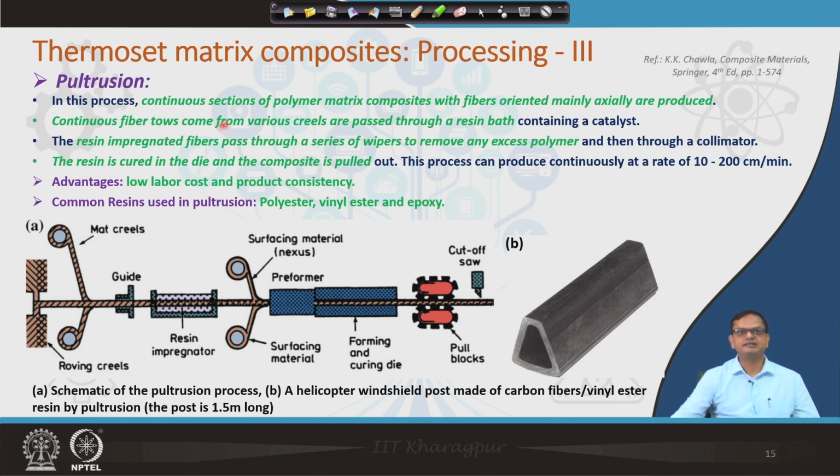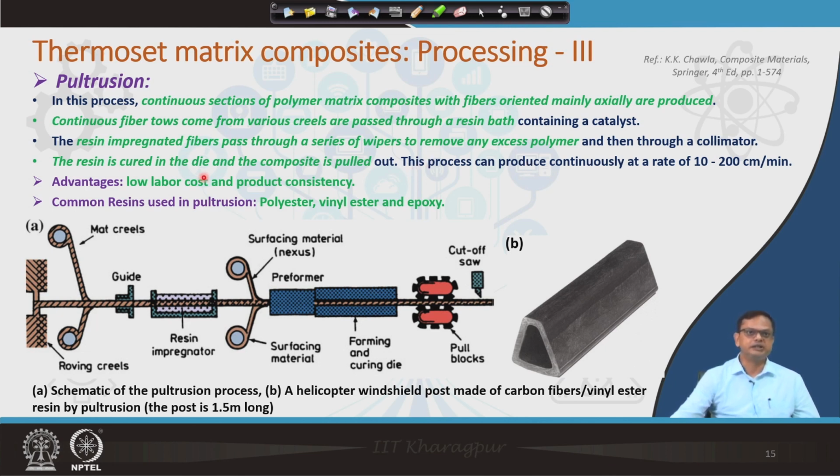In pultrusion, continuous sections of polymer matrix composites with fibers oriented mainly axially are produced. You can see here it is continuous sections of polymer matrix being reinforced with continuous fibers. Continuous fiber tows come from various creels and are passed through a resin bath. The resin impregnated fibers pass through a series of wipers to remove excess polymer.